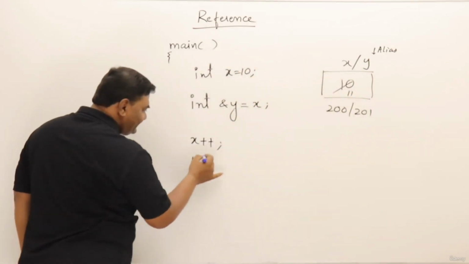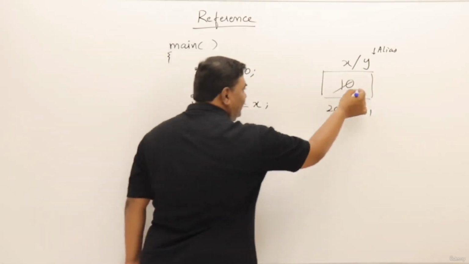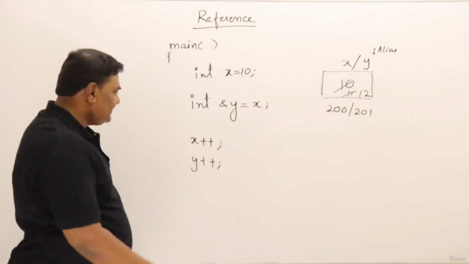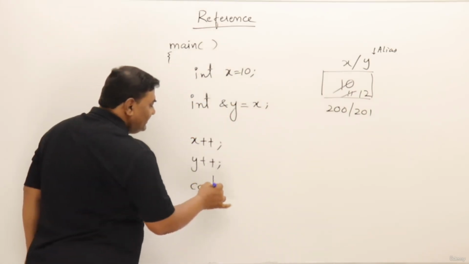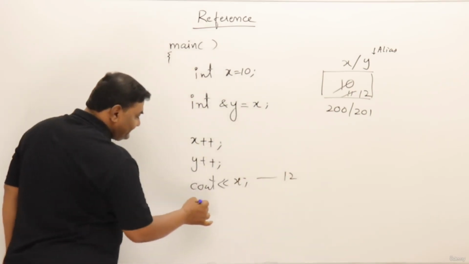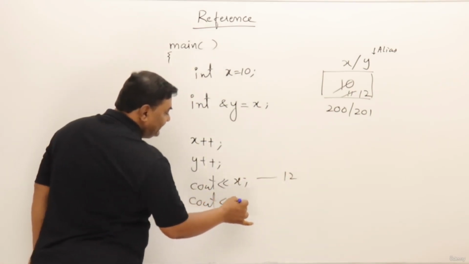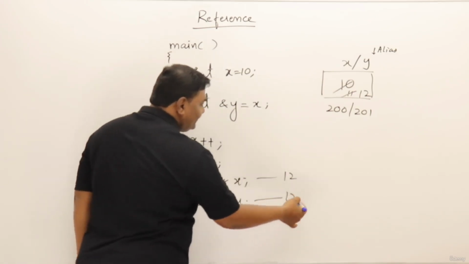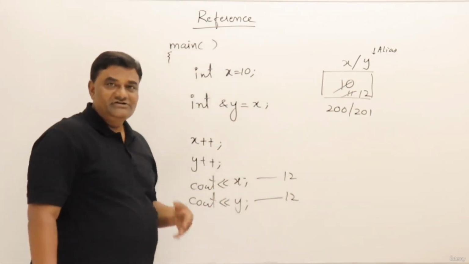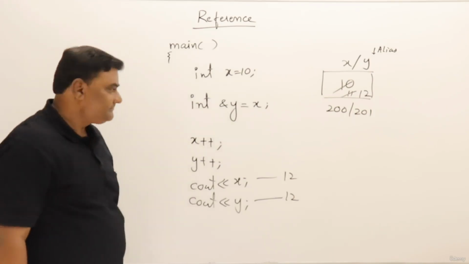Same way, if I say y plus plus, then this value becomes 12. See, both x and y are accessing the same memory. If I say cout x, then I'll get the value 12. If I say cout y, then also I get the value 12. Same thing. So definitely it's not required in the same function, we are just learning what is reference.